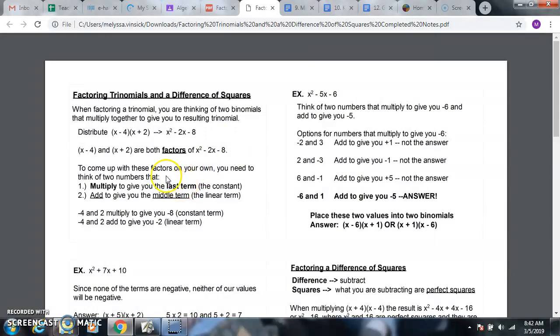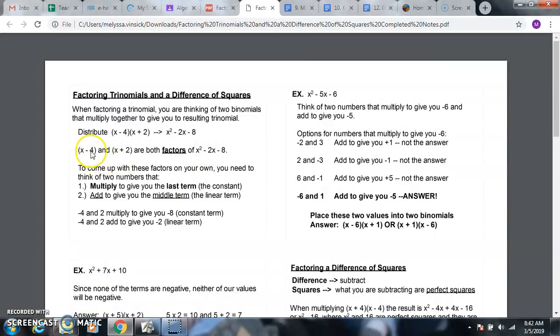Those same 2 numbers also have to add up to give you the middle term. So they have to multiply to give me a negative 8, and they also have to add to give me a negative 2. That's how you figure out these factors.